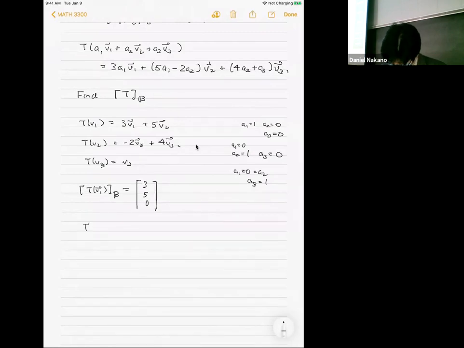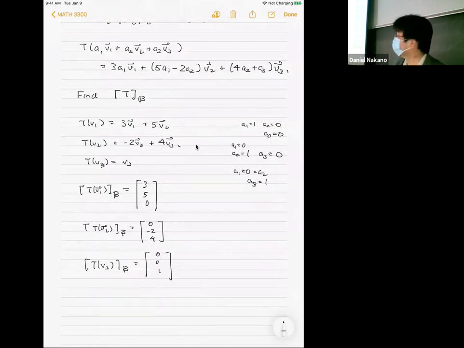The next one is 0, -2, 4. And then finally, T of V3 with respect to beta is 0, 0, 1. So we have these things with respect to coordinates.